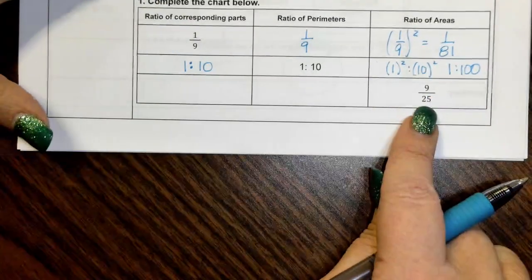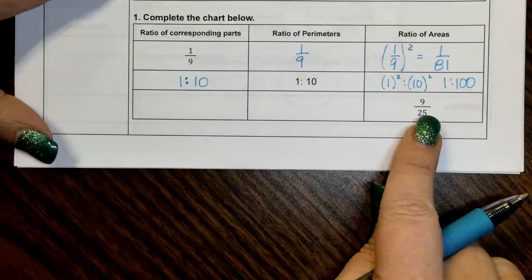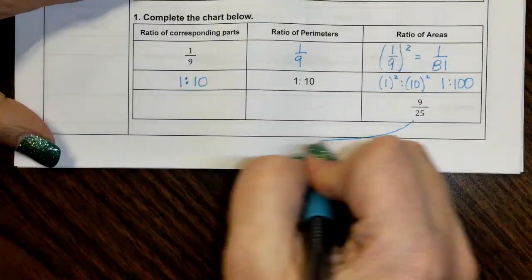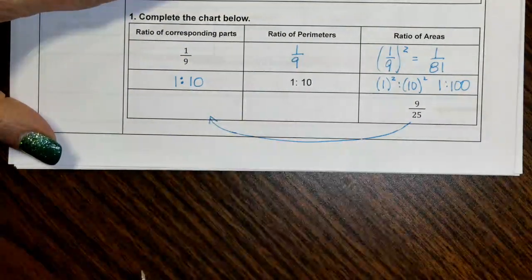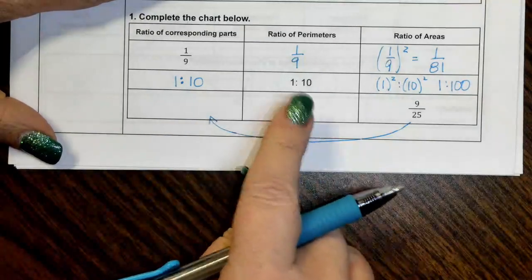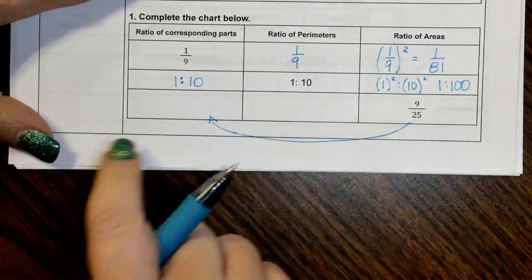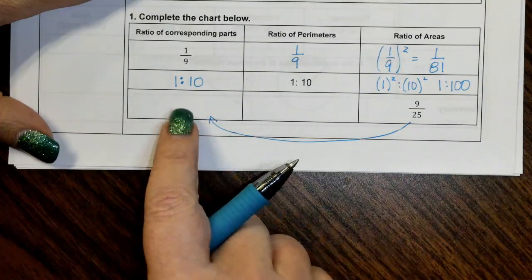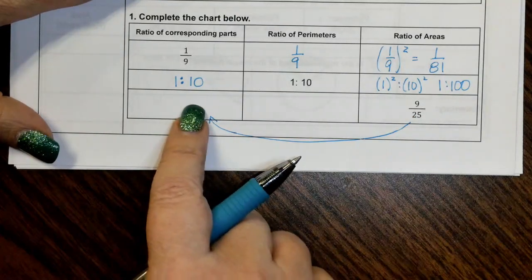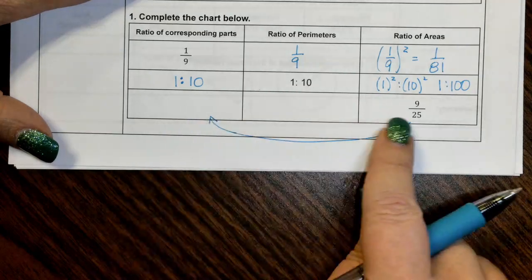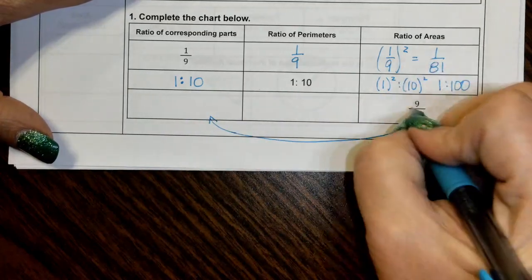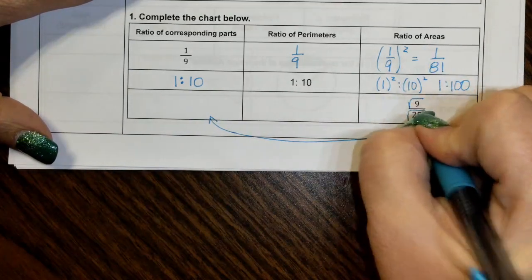Now, what about this last one? What if I start knowing the area? Well, if I start knowing the area, I need to come all the way back to knowing something about the sides and then go to the perimeters. The perimeters are going to be the same, but I just like to go back to the sides all the time. Always go back to sides. Everything's in relationship to what happened to the sides. Now, remember, this was squared, so to go backwards, you want to take the square root.